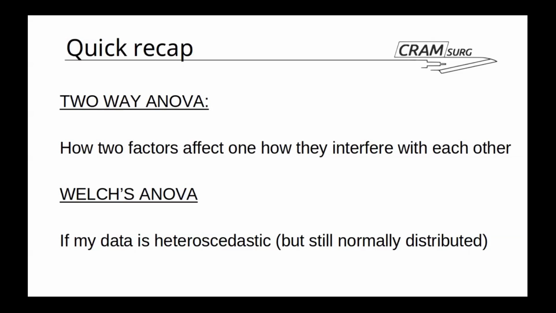And Welch's ANOVA is what we use when we want to know how one factor affects a particular outcome, and we have multiple groups, such as different fertilizers in different crops, and we want to know if they affect the yields and how much. But we use it when the data is heteroscedastic, but still normally distributed, as I said numerous times.